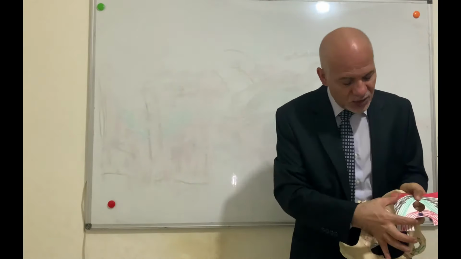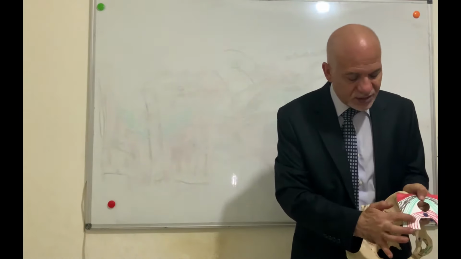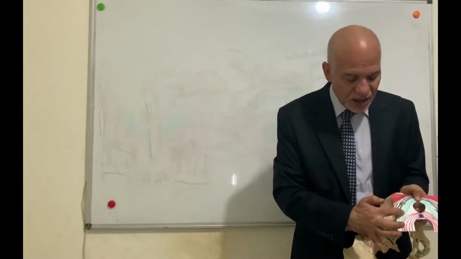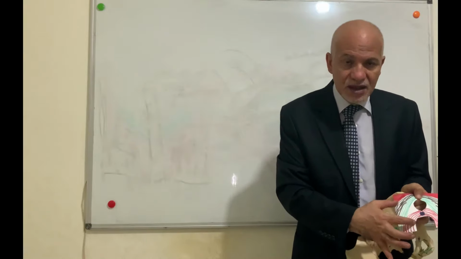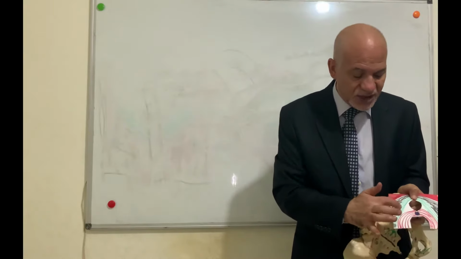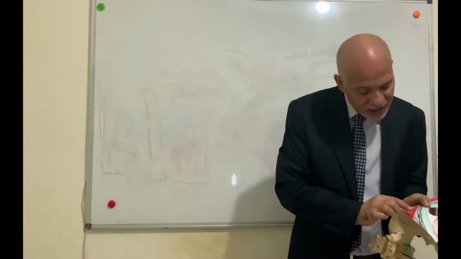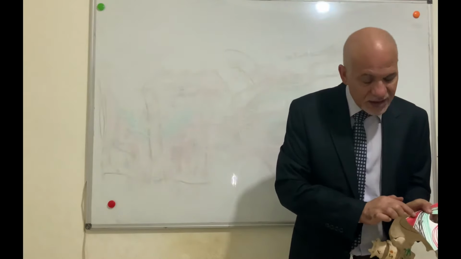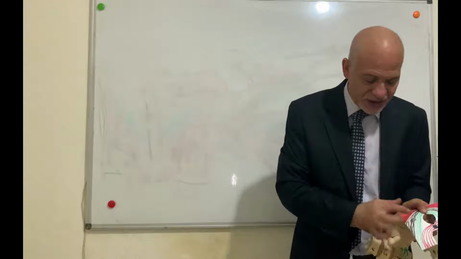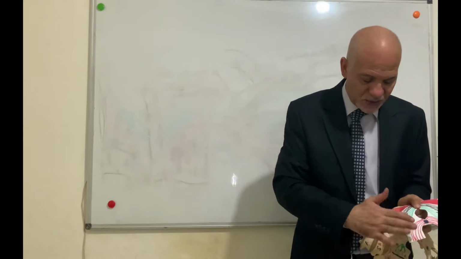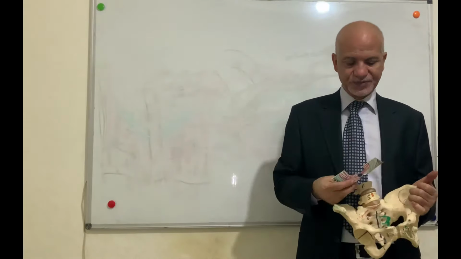The levator ani is formed of 3 parts, in red color, green color, and black color: anterior fibers, intermediate fibers, and posterior fibers. Another muscle in this red color is called the coccygeus.